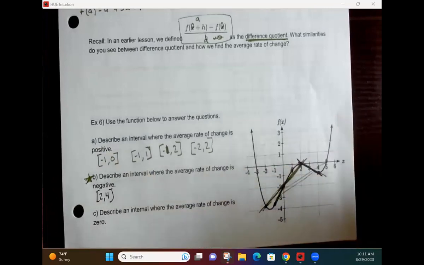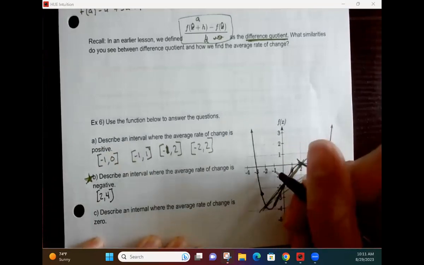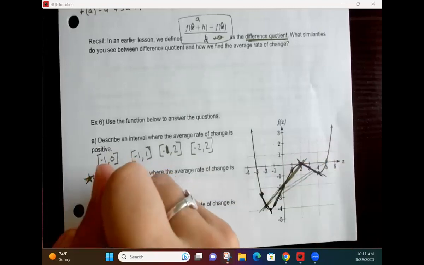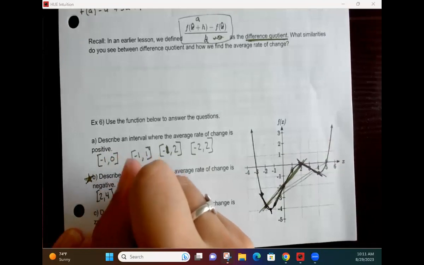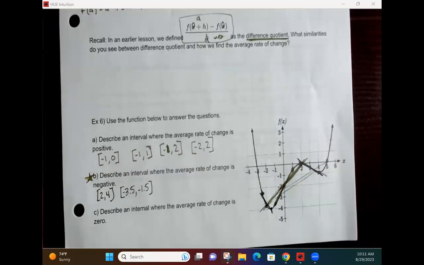Anybody have another one? -3.5 to -1.5. Sure, that'll work. Anybody have another one? We get one more? Oh, I did.